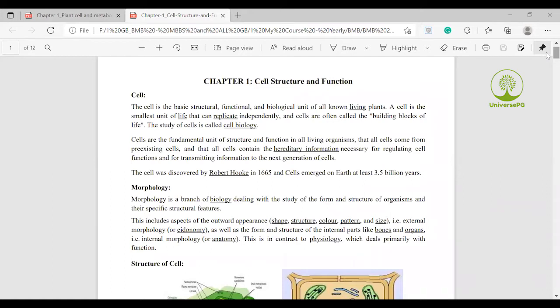Generally, we know the origin of cell in the universe was 3.5 billion years ago, and therefore gradually we know about the structure of different types of cell, and also the origin, and different types of metabolic reaction that occur in the different parts of cell, the structure of the different organelles of the cell, which organelles perform which type of functions, and which type of metabolic and biochemical reaction generally occur in the different cellular compartments or subcellular compartments.